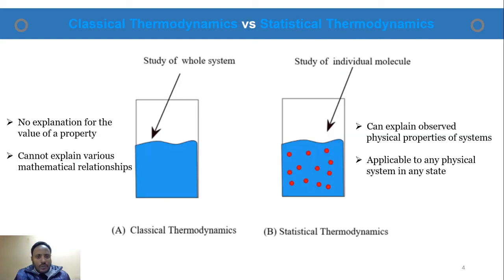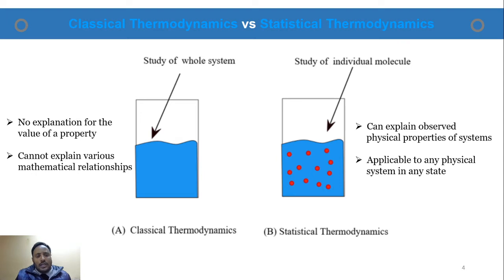So what is the difference between classical thermodynamics and statistical thermodynamics? As we have seen before, while classical thermodynamics deals with bulk properties of matter, it has some serious limitations, such as it cannot explain the value of a thermodynamic property. If a property such as pressure assumes a certain value, classical thermodynamics fails to explain the value of the pressure, or for that matter any other thermodynamic parameter.